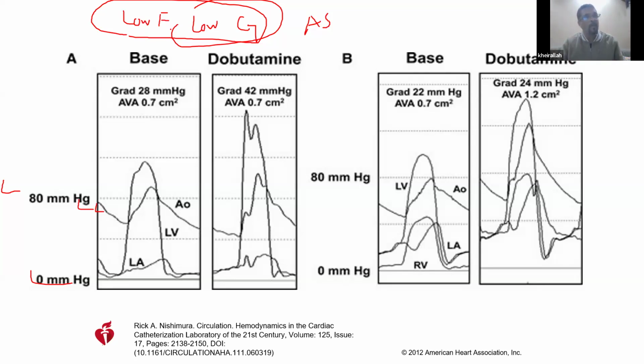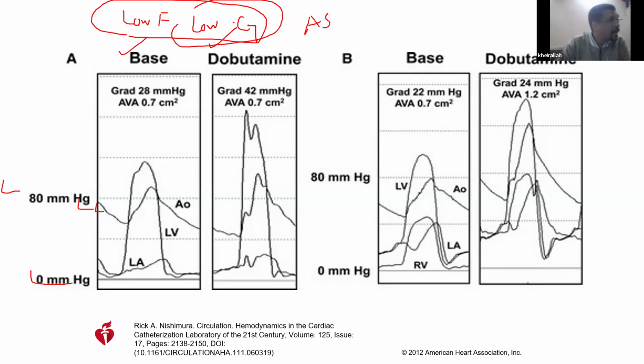When we augment the flow, we are going to augment the gradient. So we are looking to induce high gradients to confirm our suspicion of severe aortic stenosis. If we fail to generate this high gradient, it may not be truly severe.